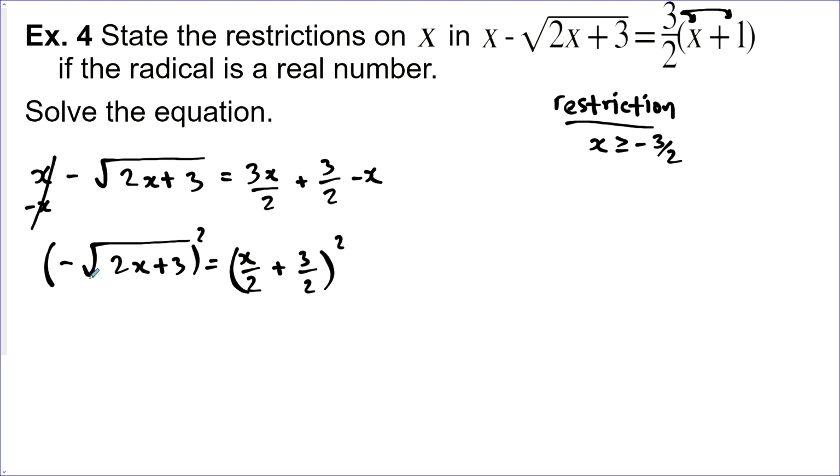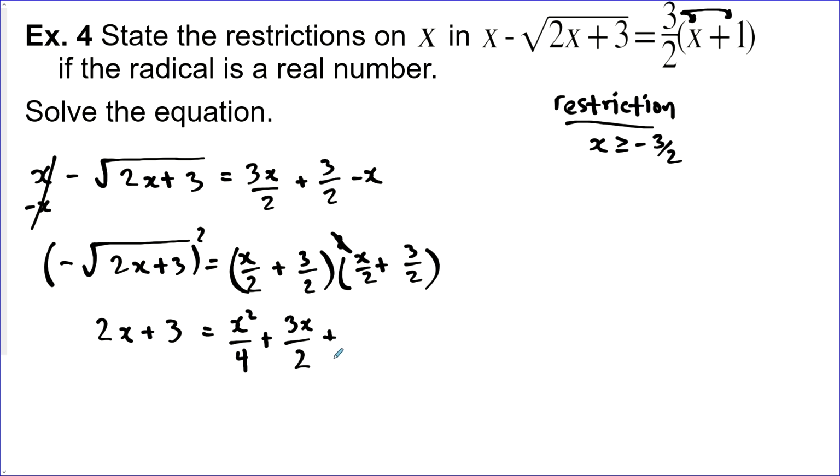On this side the negative and the radical will cancel, and we'll just be left with 2x plus 3. On this side, maybe it would be helpful if we rewrote it like two binomials instead. Then we could see how we're going to use the distributive property here. So x squared over 4 plus 3x over 4 plus another 3x over 4, so 3x over 2, and plus 9 over 4.